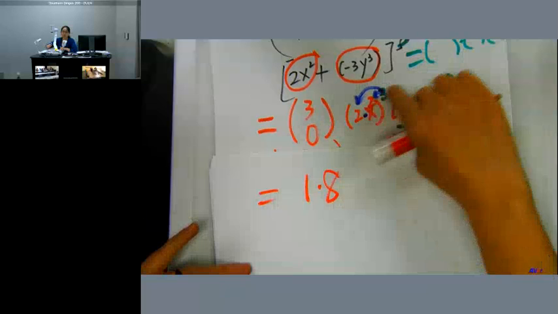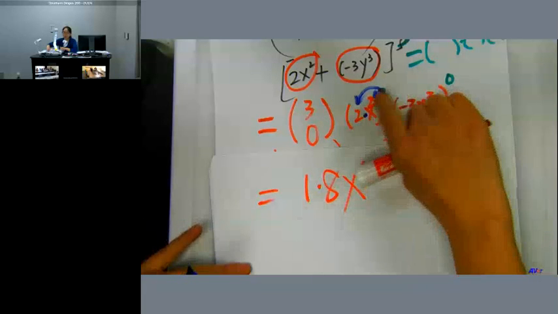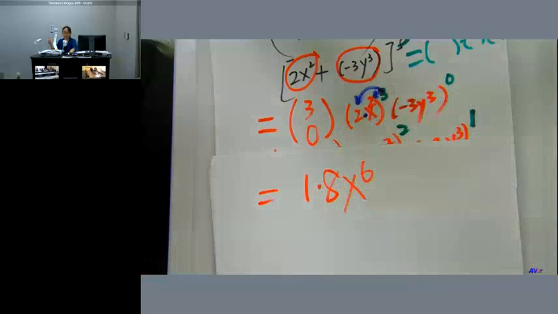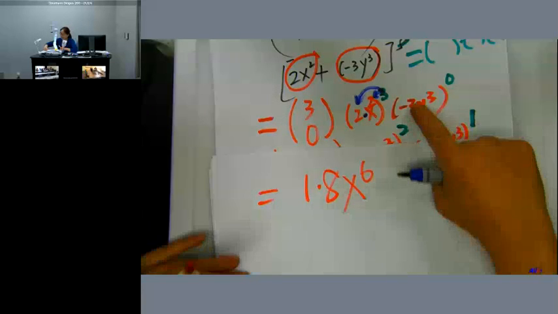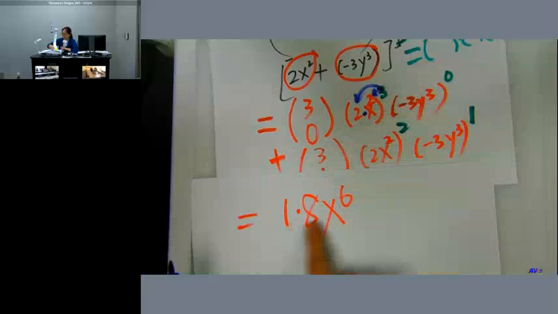What's x squared to the third? X to 6. When you raise a power to a power, you multiply powers. So that's the formula you learned in algebra class and calculus. In calculus 1, you also use that formula. And anything raised to 0 is 1. So that's the first part. And you can simplify it further. 1 times 8 is going to be 8, right? So it's going to be 8x to the 6.